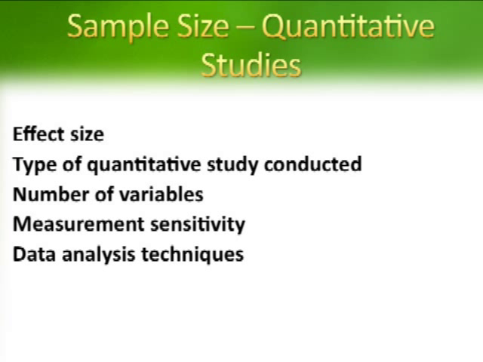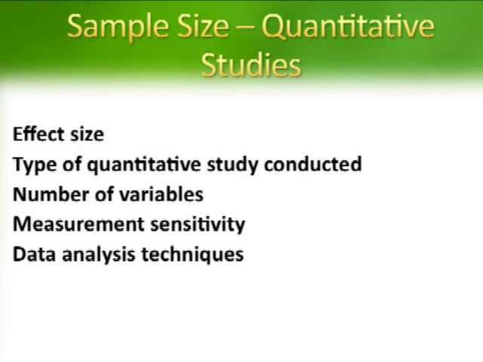Well, we've looked at the selection of the sample. Now we need to know how many subjects are required. This is accomplished through a power analysis. Power is the capacity of the study to detect differences or relationships that actually exist in a population.